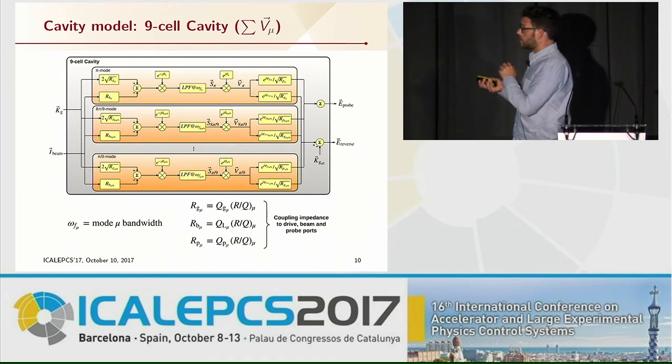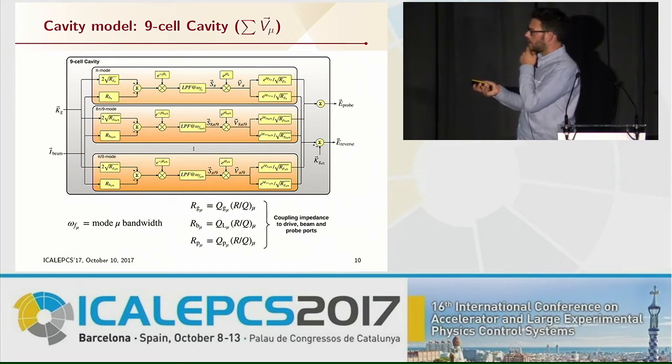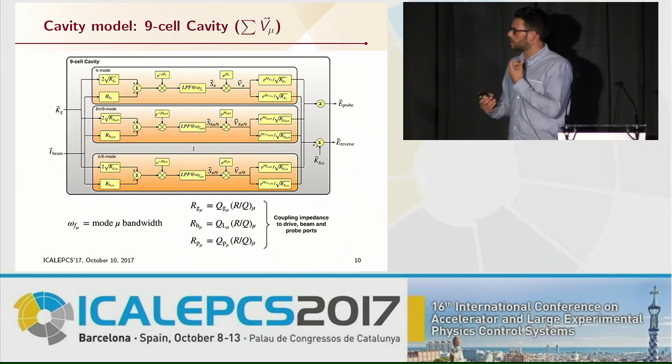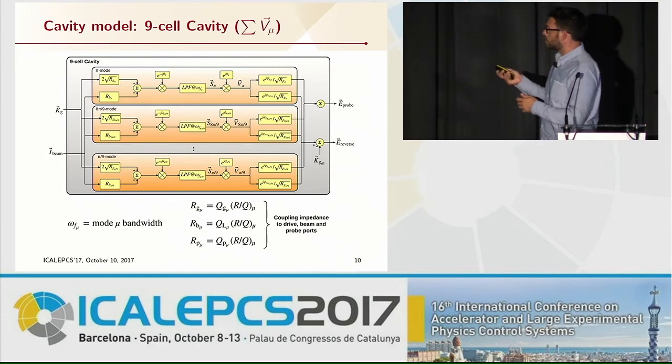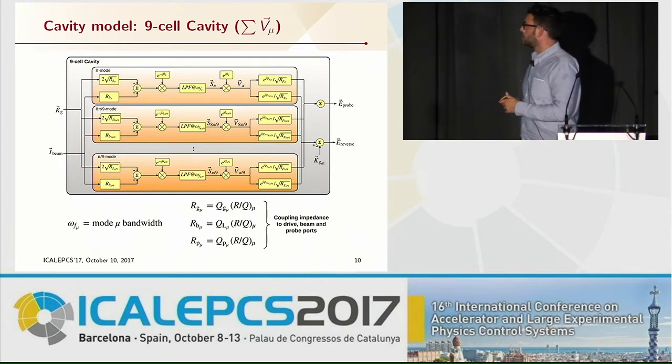So it's of particular interest for us to characterize these things. And then you have these boxes, each one for each mode, with different couplings to the high power amplifier source and to the beam, and then different couplings also to the probe, to the antenna that is measuring this field.